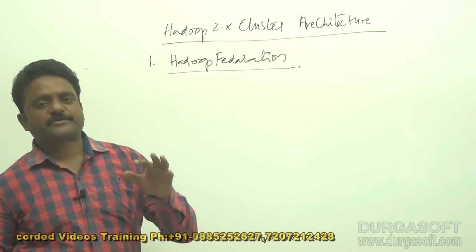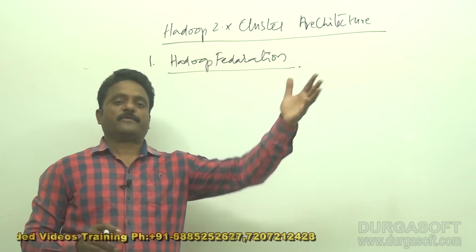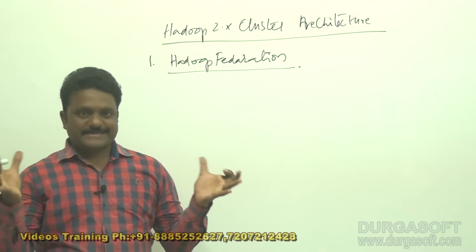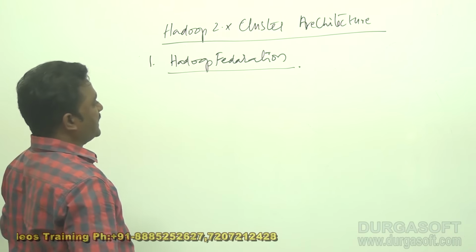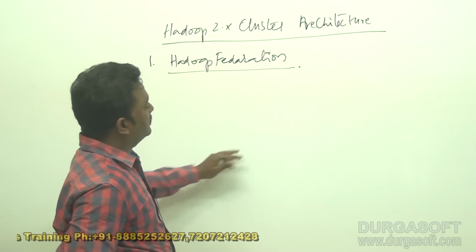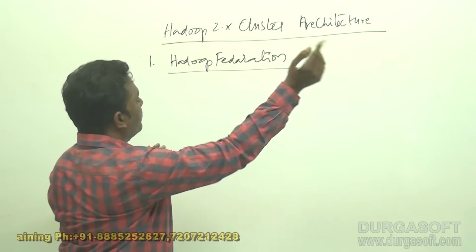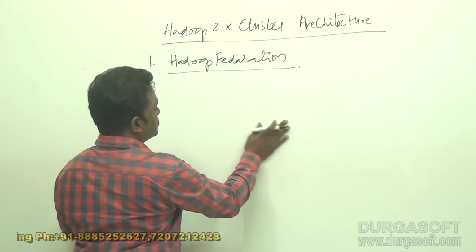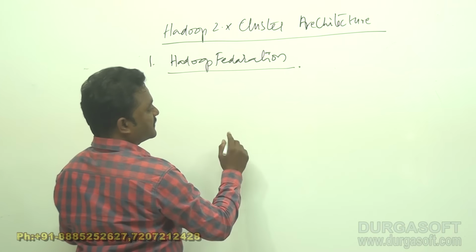So in 2x version, now what really happens? As we have been saying, we should be having more than one name node when it comes to Hadoop Federation. But basically what happens? Let us say here you have all the data nodes, or that can be explained something like this.